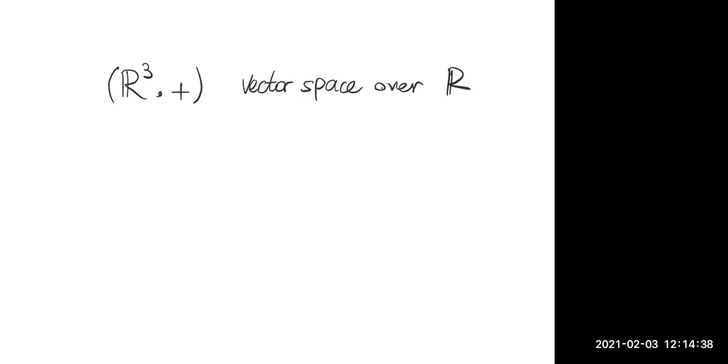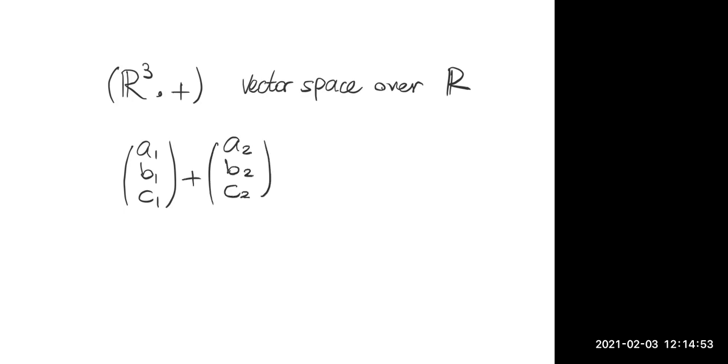Rather than the usual addition which we have on R3, which if you take two vectors, A1, B1, and C1, plus another vector, A2, B2, C2, I would usually define this to be A1 plus A2, B1 plus B2, C1 plus C2, right? That's the standard addition on R3.